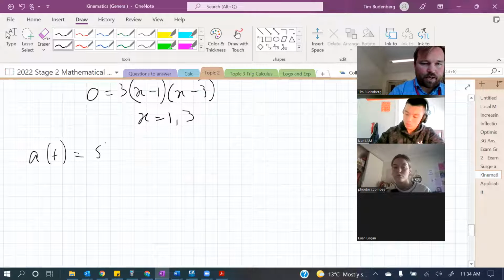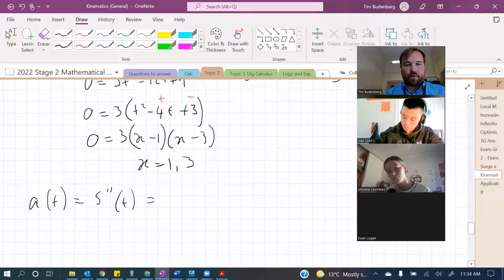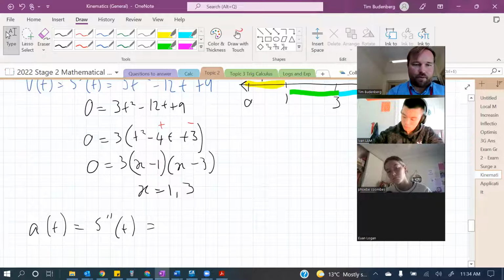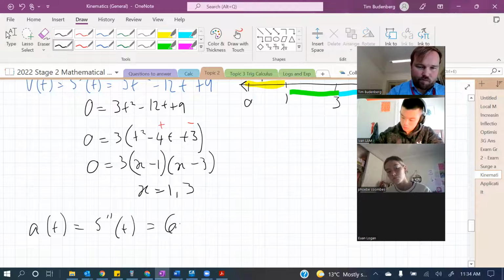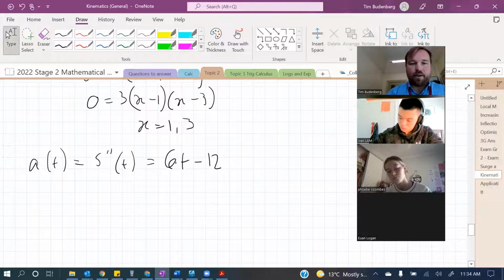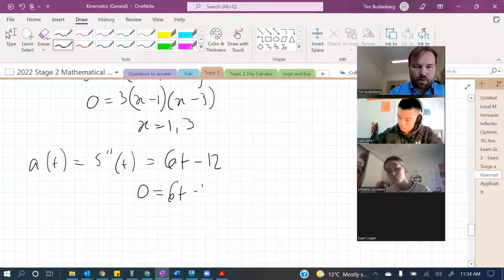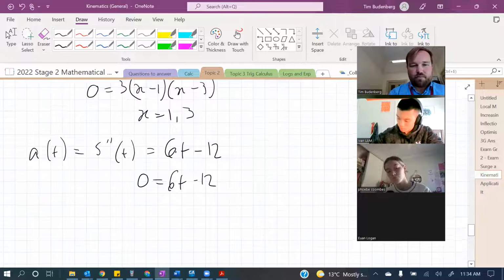a(t) is equal to the second derivative of f(t). Because it's a polynomial, it's pretty good. The second derivative is 6t minus 12. If we're going to do a sign diagram, we set it equal to 0. 0 equals 6t minus 12.